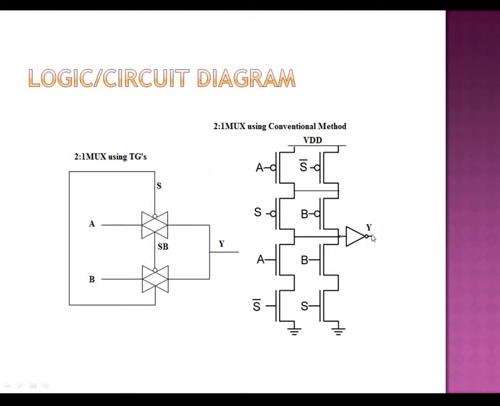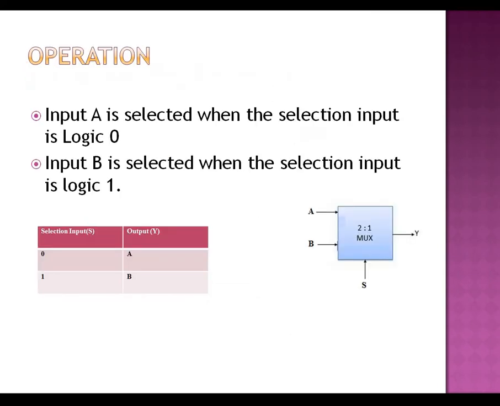But since we want the non-inverted form, that is A S bar plus BS, we need to connect an extra inverter here. So totally you can see, this inverter will have one P channel MOSFET and one N channel MOSFET as well. Here I have made use of 4 PMOS and 4 NMOS. So the total transistor count is 10, where 5 are PMOS and 5 are NMOS.